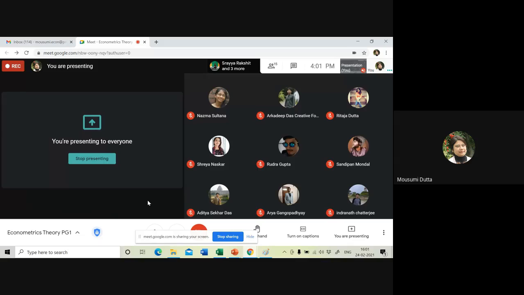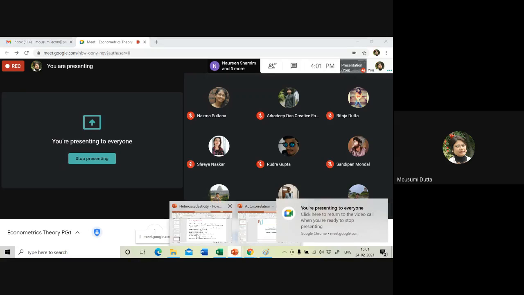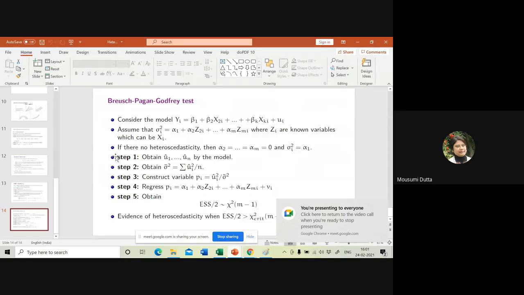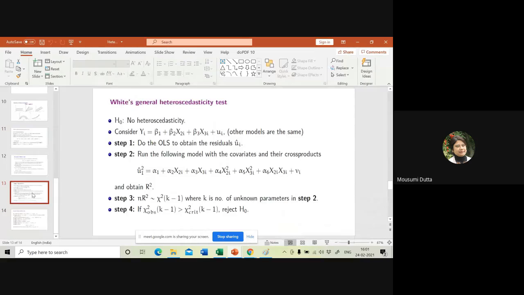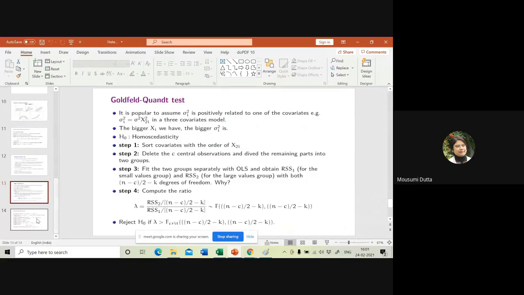Once you get this value, you have to compare it with the tabular value, and you will understand whether there is heteroscedasticity or not. So for all these problems, expect both the theory as well as the solution.